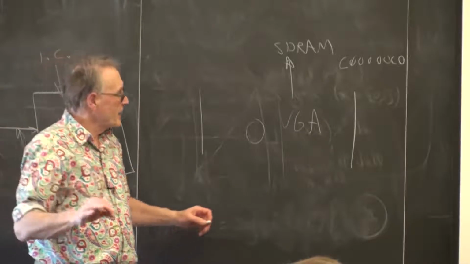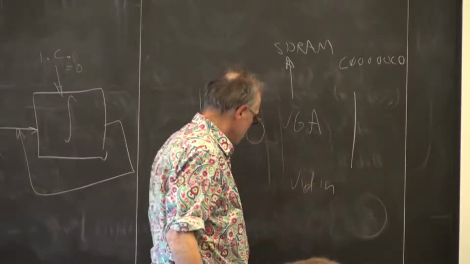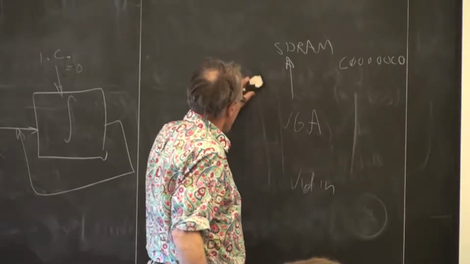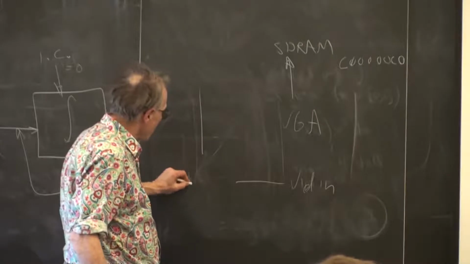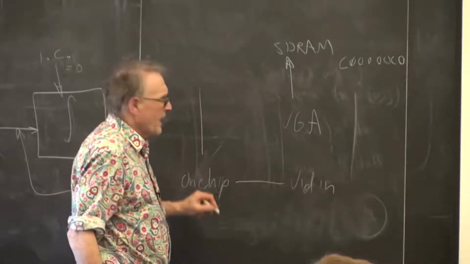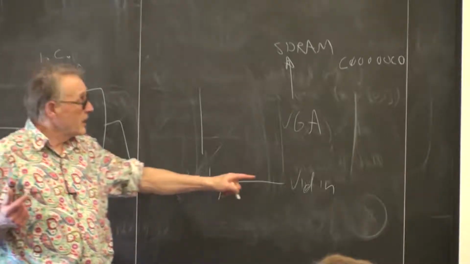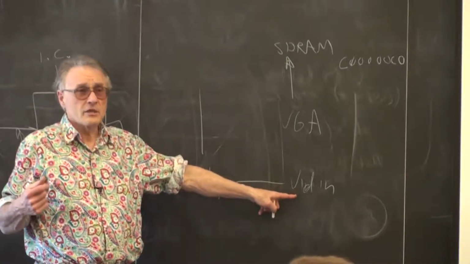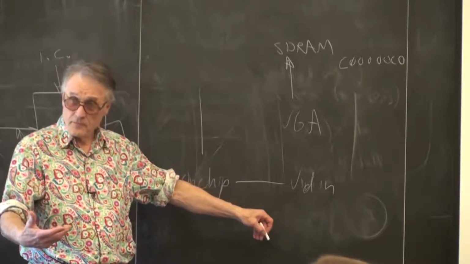The next step is to map the video in to on-chip memory. That's necessary because the clock that runs the video is not generated by the FPGA and is therefore asynchronous.